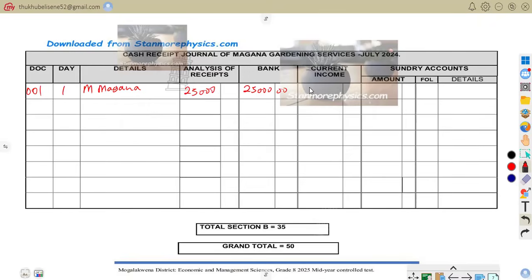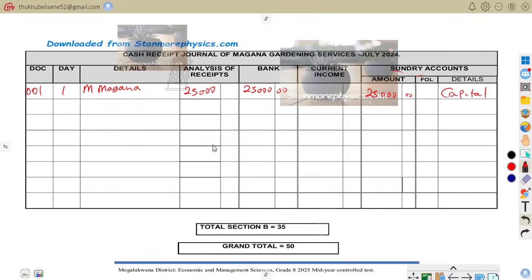What was this for? It was for a capital account. You can see our columns don't have a capital account. That is why we have to go to sundry accounts. So we're going to write 25,000. That is for capital.